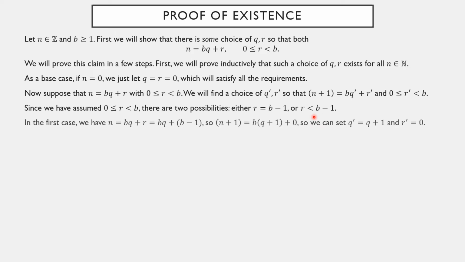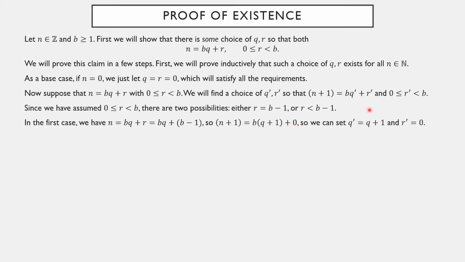In the first case where r is b minus 1, since we assumed n is bq plus r, that's bq plus b minus 1. We assumed r was equal to b minus 1. Now if I add 1 to both sides here, we get n plus 1, and over here we just get bq plus b, which I can factor the b out of and call it b times q plus 1 plus 0. So we're able to write n plus 1 is equal to b times something plus something else.